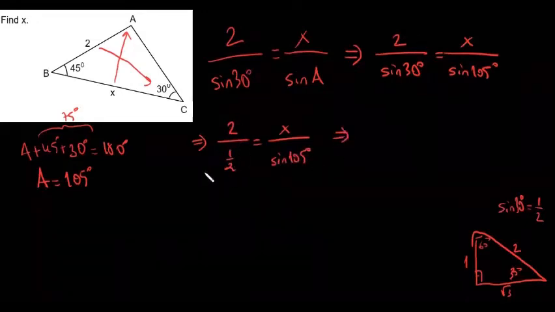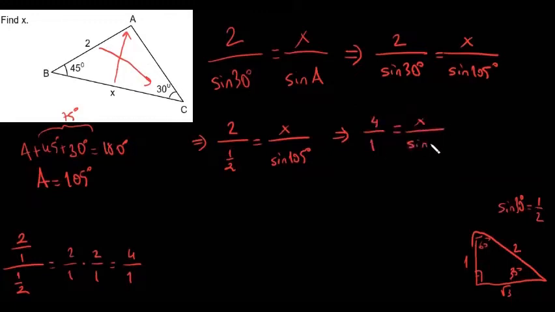Instead of 2, I can write 2 over 1, and we just keep this same 2 over 1 and multiply it by the reciprocal of the denominator, which is 2 over 1. So 2 times 2 is 4, 1 times 1 is 1. 4 over 1. Actually, it is 4, but let's write 4 over 1 equals x over sine of 105.